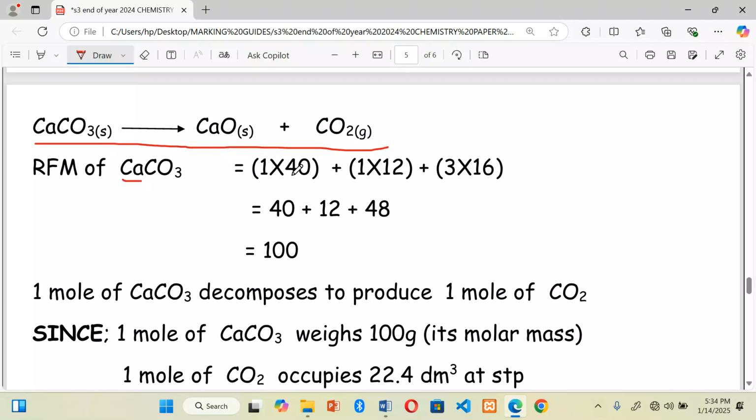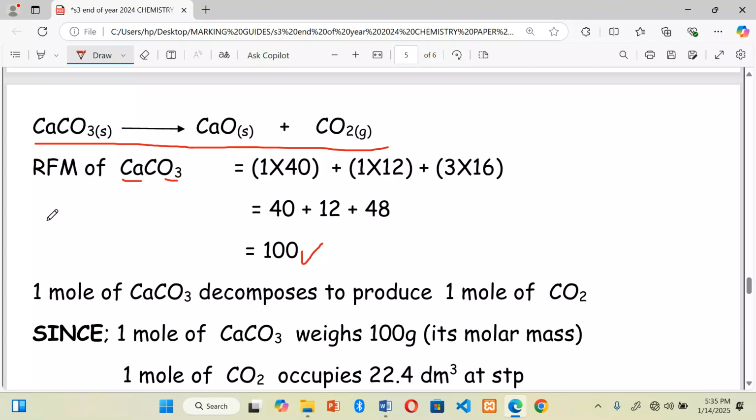So 1 times 40, which is the molar mass of calcium, plus 1 atom of carbon times 12, which is its molar mass, plus 3. We have 3 atoms of oxygen, and each atom of oxygen has a molar mass of 16. So that's why we have 3 times 16. So we get 40 plus 12 plus 48, and finally we get 100. So that is our RFM.